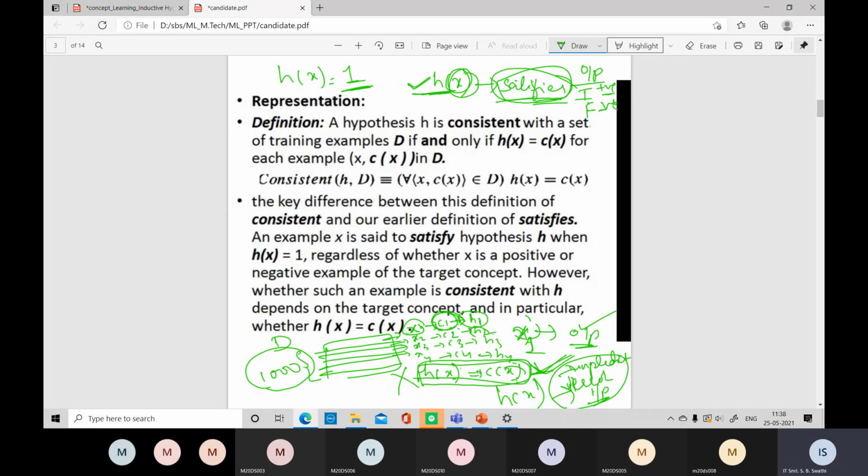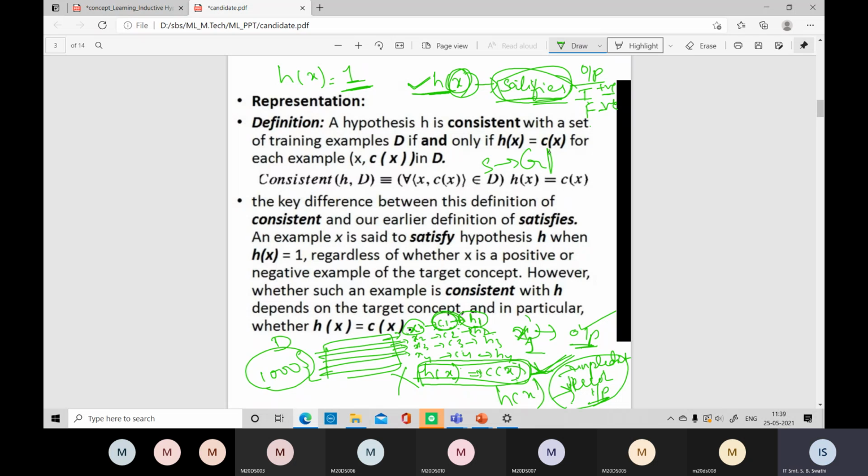Whether it is the Find-S algorithm or the candidate elimination algorithm, our main motto is to convert specific instances to general instances. In Find-S, what did we do? Specific to general, we have converted, yes or no?